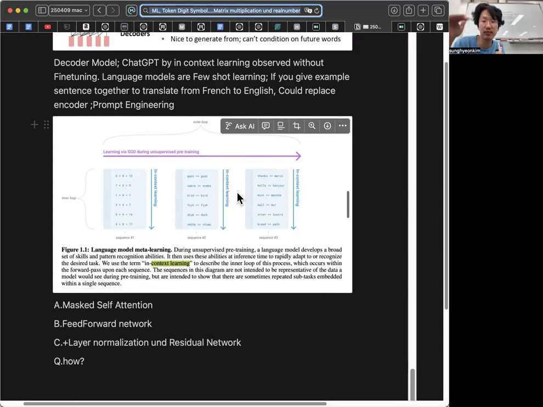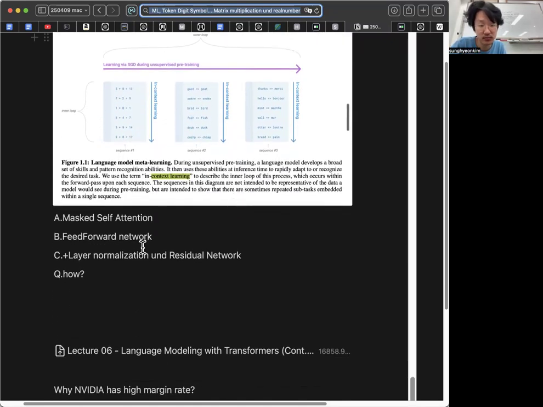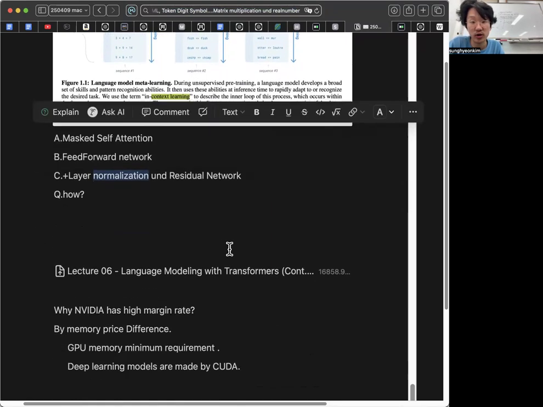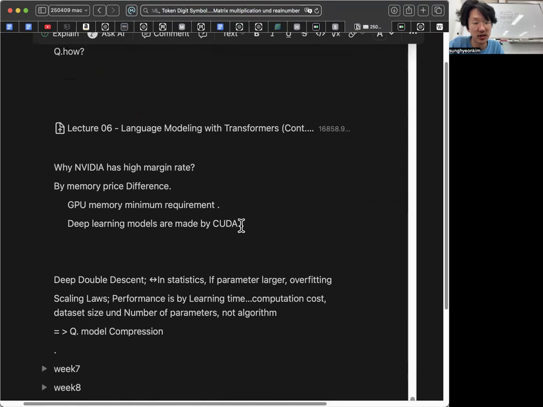So how can we put things in so that GPT just makes the output? In the transformer, the important things are masked self-attention and the feedforward network. Layer normalization and residual connections are used in modern neural network architectures these days.